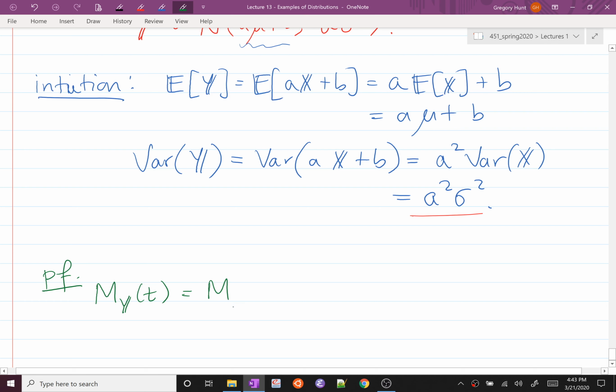We know that Y is aX plus b, and we had a theorem that the moment generating function of a linear function is e to the t b times M_X of a t. Right? That's our theorem.